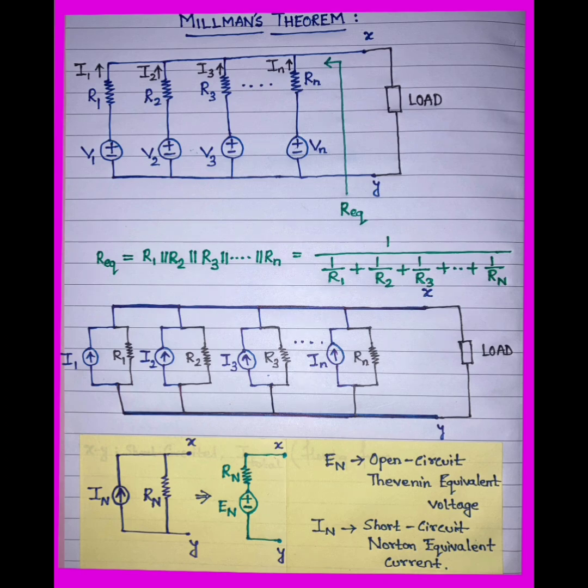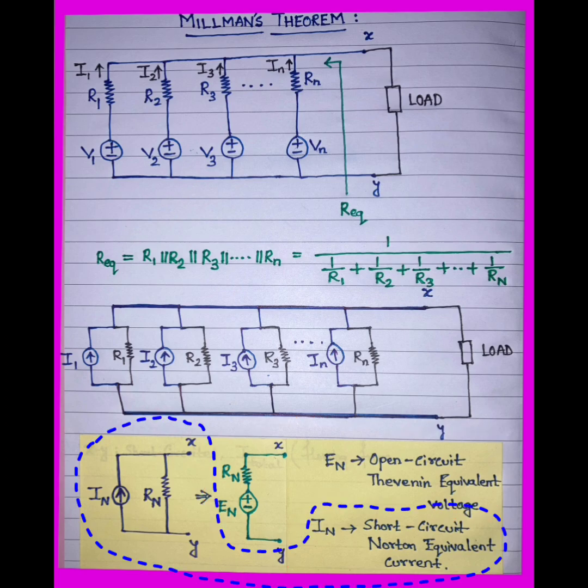Here we are trying to Thevenize this, where there will be an open circuit voltage or Thevenin equivalent voltage, and then an R equivalent. So a Thevenin equivalent voltage in series with R equivalent is connected from node X to Y, and then there is a load. That is our aim.